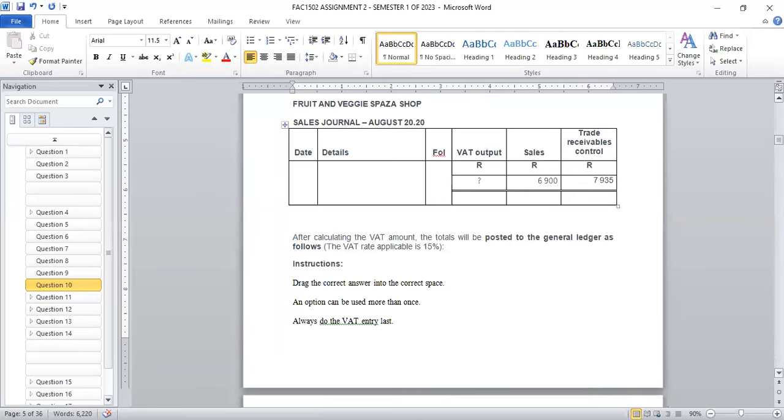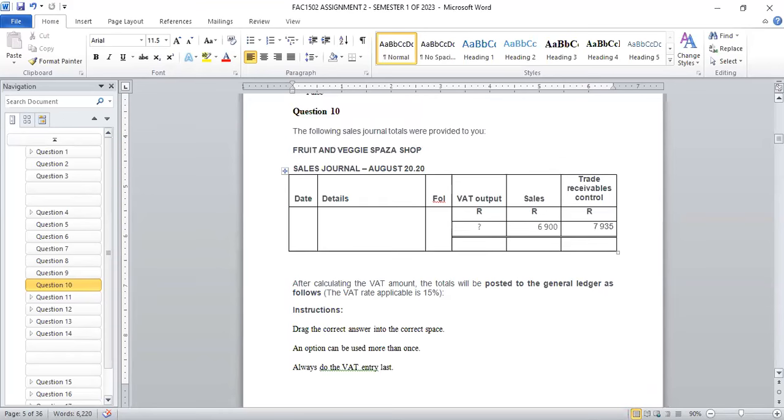All right. This is the sales journal for number 10. After calculating the VAT amount, totals will be posted to the general ledger as follows. Right. First of all, calculate your VAT. There are 2 ways in which you can calculate your VAT. You can say VAT is equal to 6,900 times 15%.